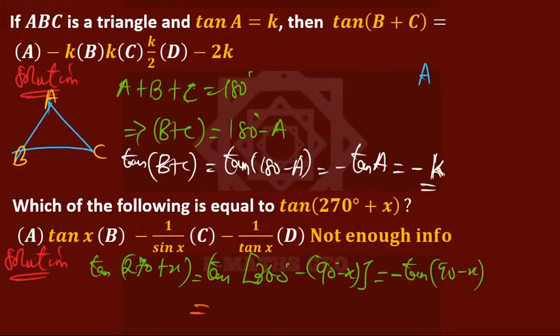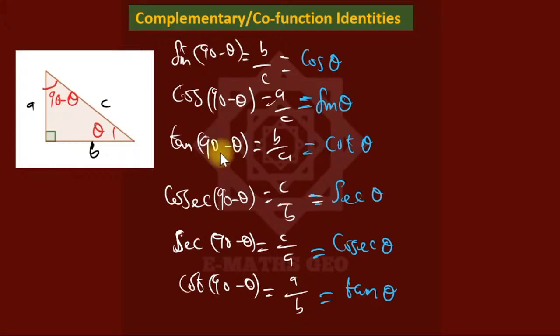From the cofunction identity, tan of (90 minus x) is cot x. From the cofunction identity, always remember this. Very important: tan of (90 minus theta) is cot theta.